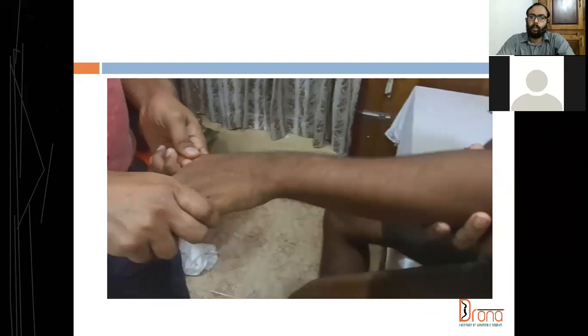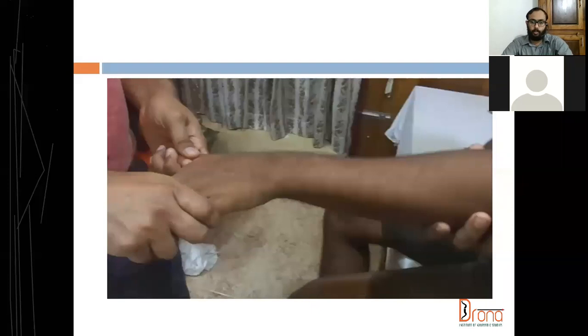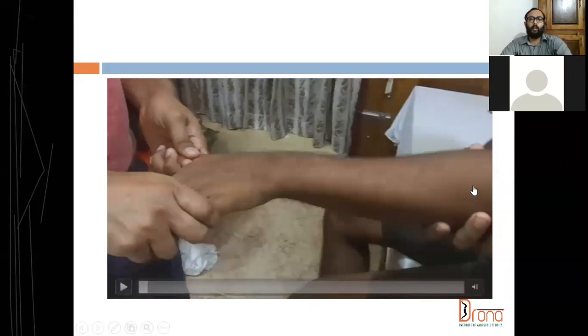So make sure the counter traction is given on the cubital fossa. The thumb should be directed forward to the person giving traction, the other 4 fingers should be at 90 degrees, and the person should give traction distal to the metacarpophalangeal joint. This is the position of traction and counter traction.